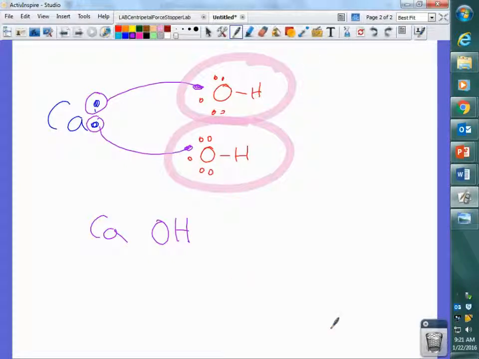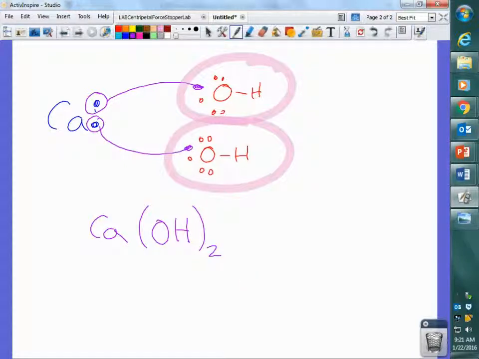When we represent multiple polyatomic ions, we put that polyatomic ion in parentheses, and then we put the subscript there. Okay? Does that make sense? Good with that?